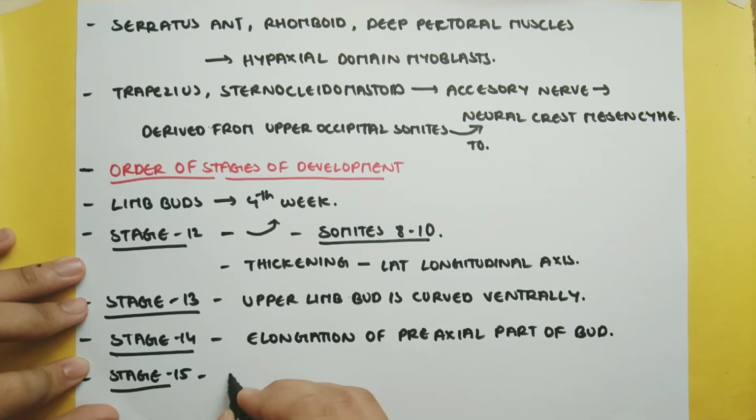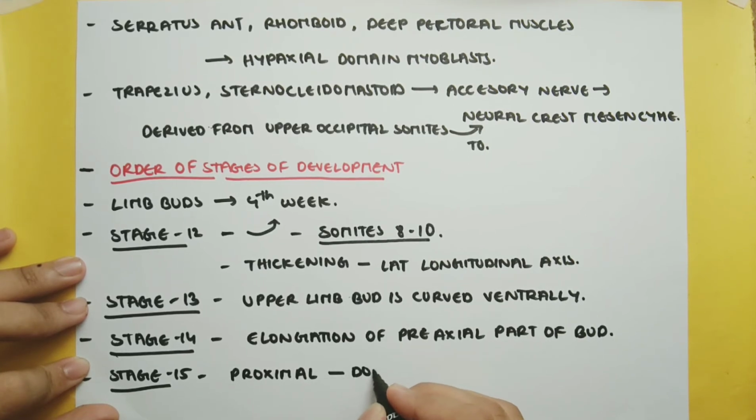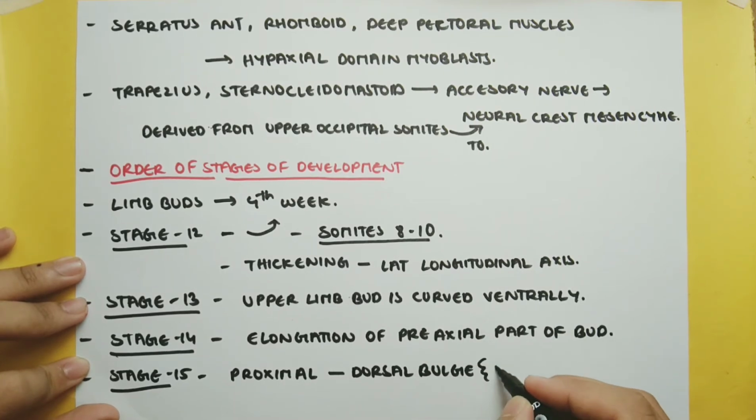So what are seen in proximal region? Proximal region, dorsal bulge and ventral curve.